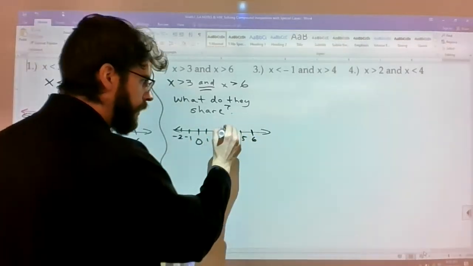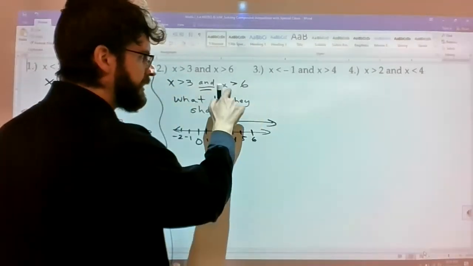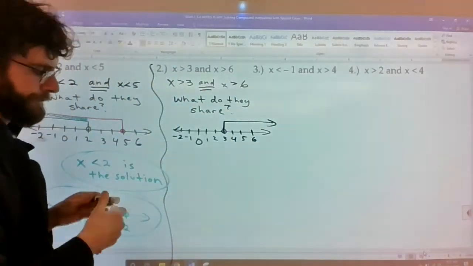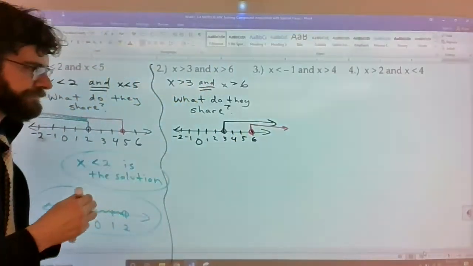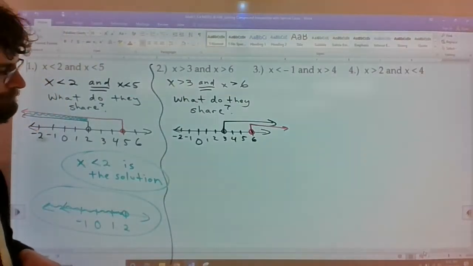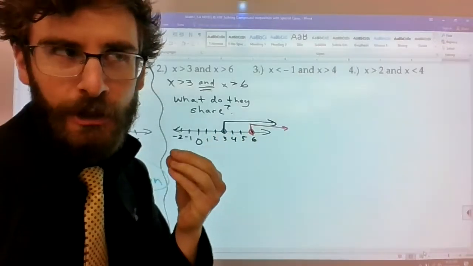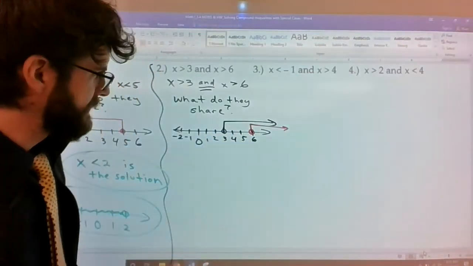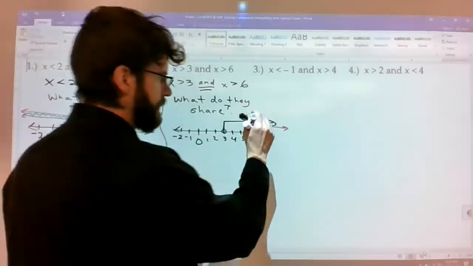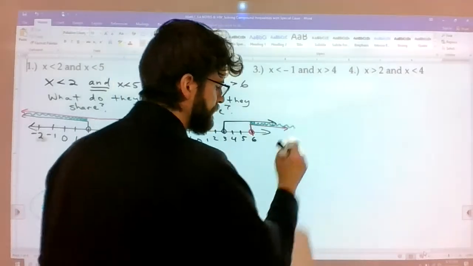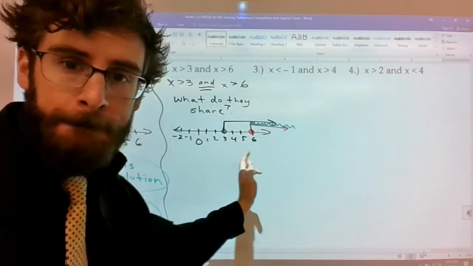In black, I'm going to go open circle at 3, and it's going to the right because it's greater than. Open circle at 6 in red, and that's also going to the right. So then you ask yourself, what do these two solution sets share? Well, the overlap seems to be everything in this area. This is what they share, which consequently is everything bigger than 6.